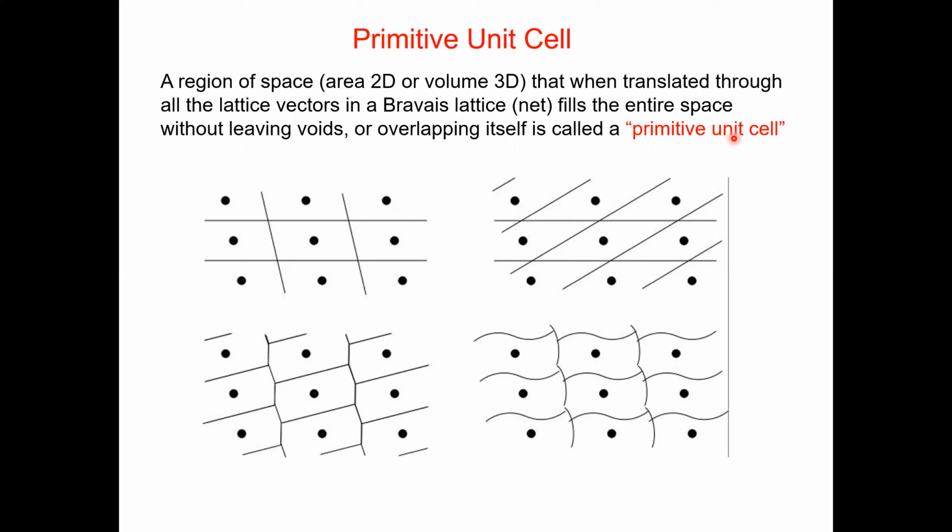Here it's like in general pictures, right? So how do we say that all these primitive unit cells fill the entire space? So I made you a drawing. This is a primitive unit cell.